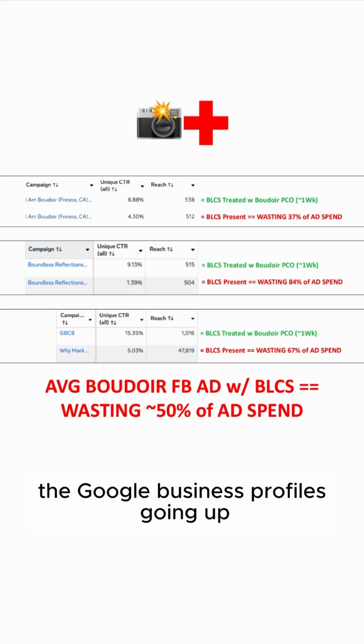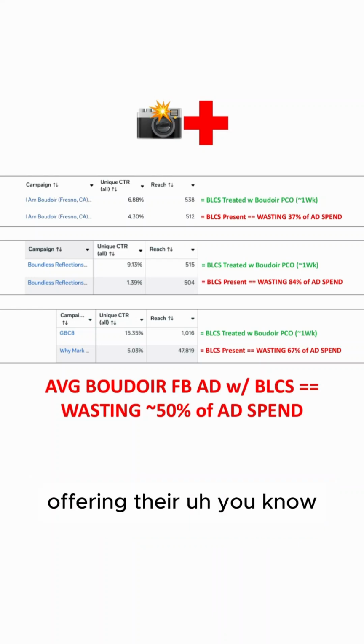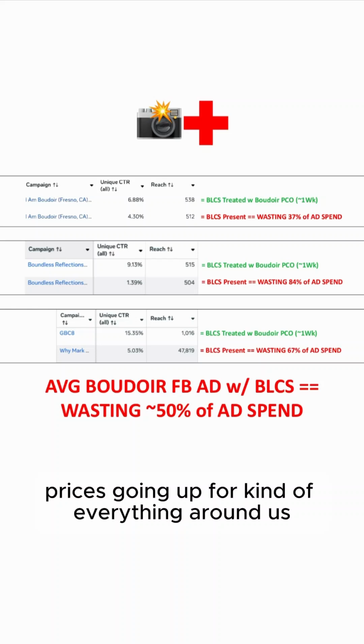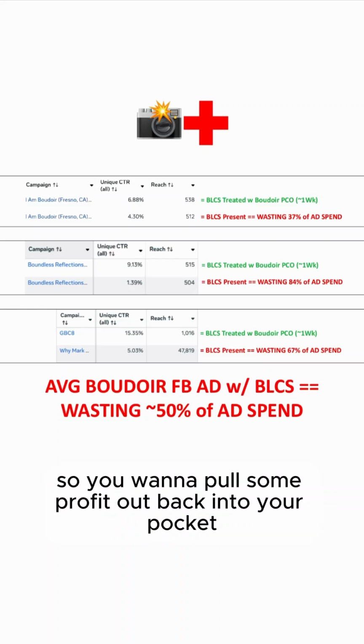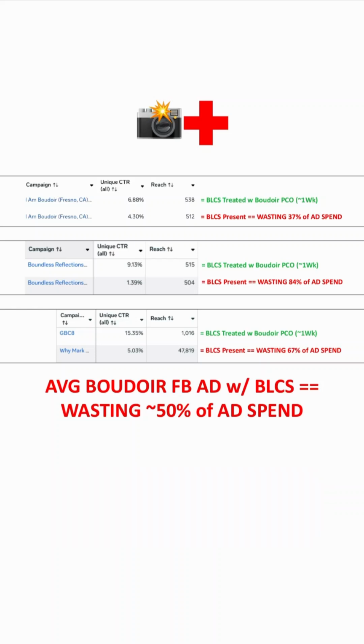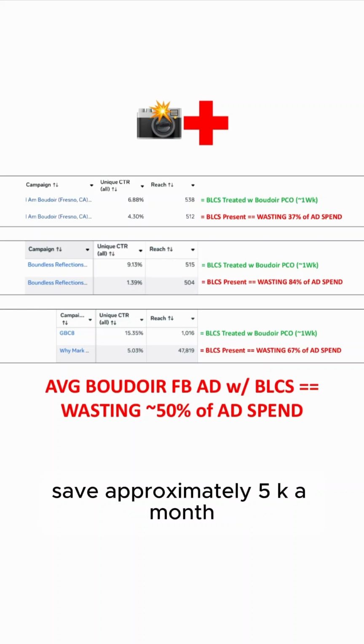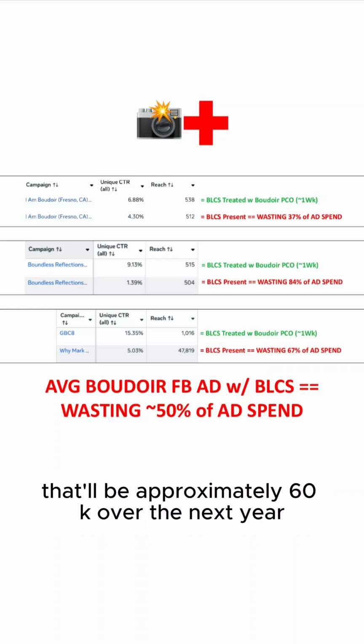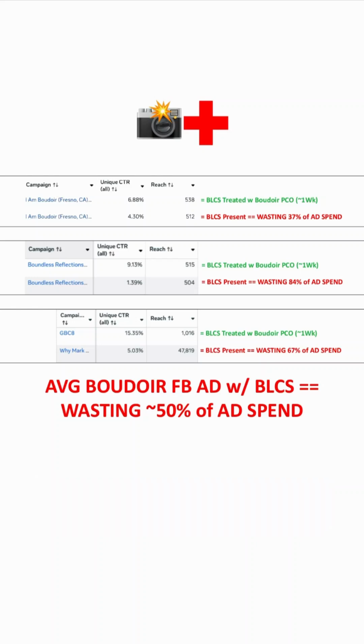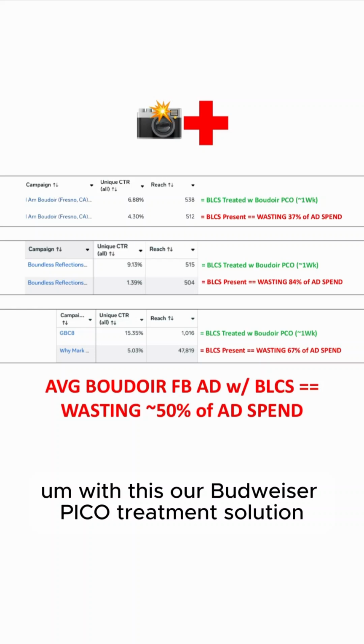Google Business Profile is going up, offering their sessions in the mom groups, and we've got inflation, prices going up for kind of everything around us. So you want to pull some profit back into your pocket, and we can save approximately 5K a month. That'd be approximately 60K over the next year with our Boudoir Pico treatment solution.